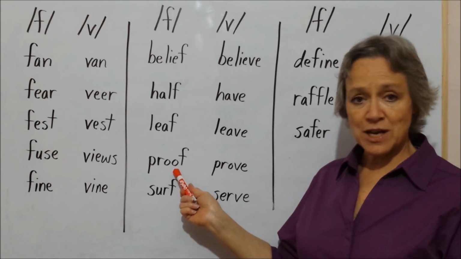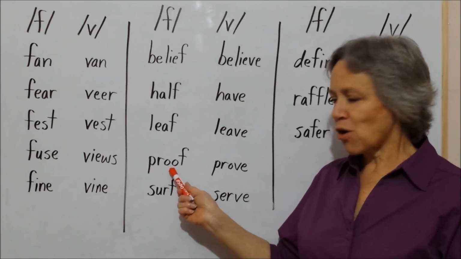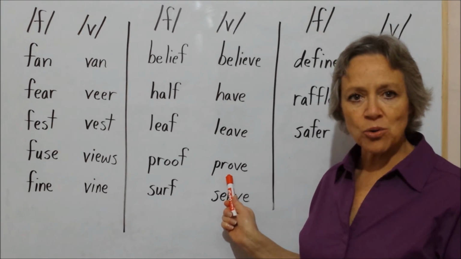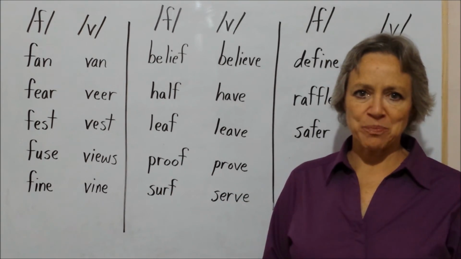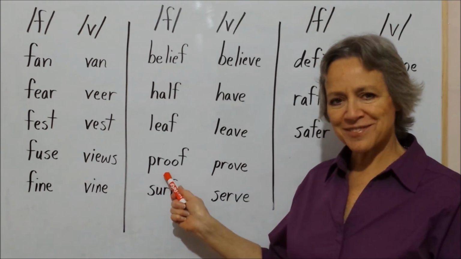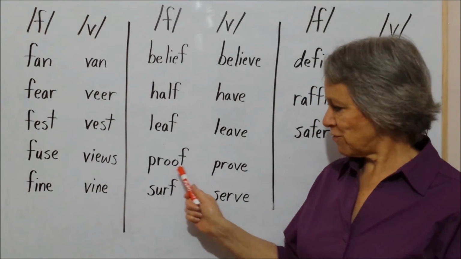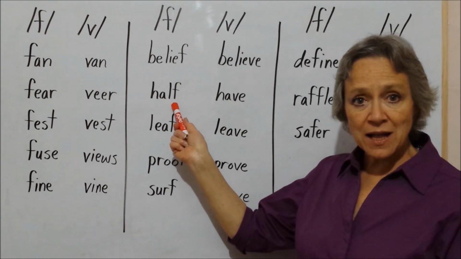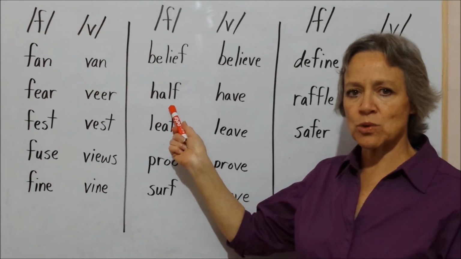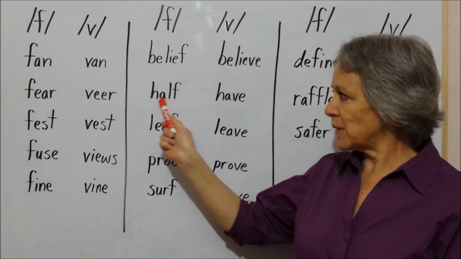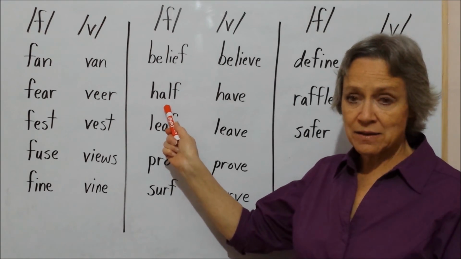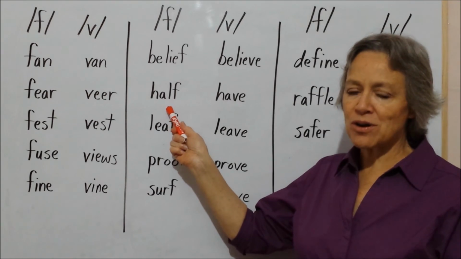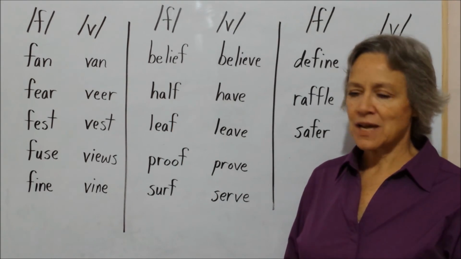Here, for example, I have P-R-O-O. I have two O's. Here I just have one, P-R-O, but the sounds are the same. Prove, okay? And prove. Proof, prove. Here, I have the letter L, but it is not pronounced in this word. So, the beginning of this word is ha. The beginning of this word is also ha, okay? There's no O sound.